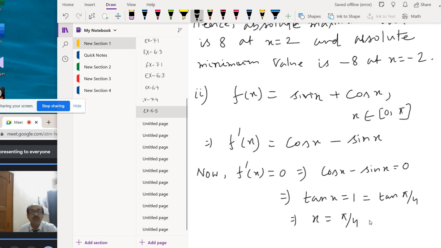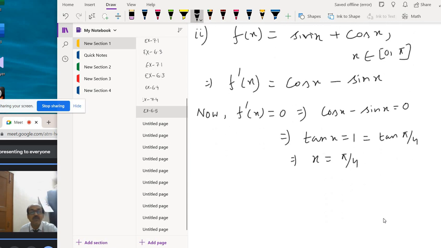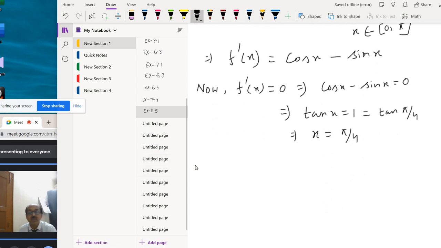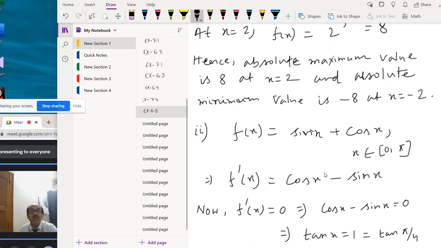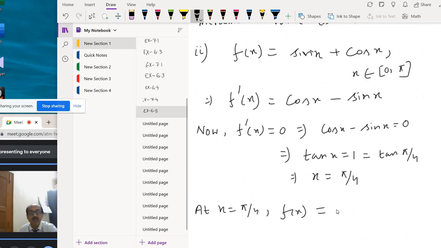So at x equal to pi by 4, f(x) equal to sin pi by 4 plus cos pi by 4.